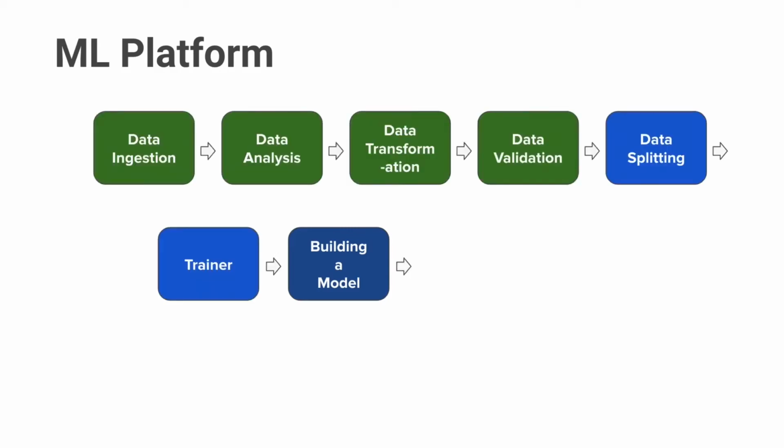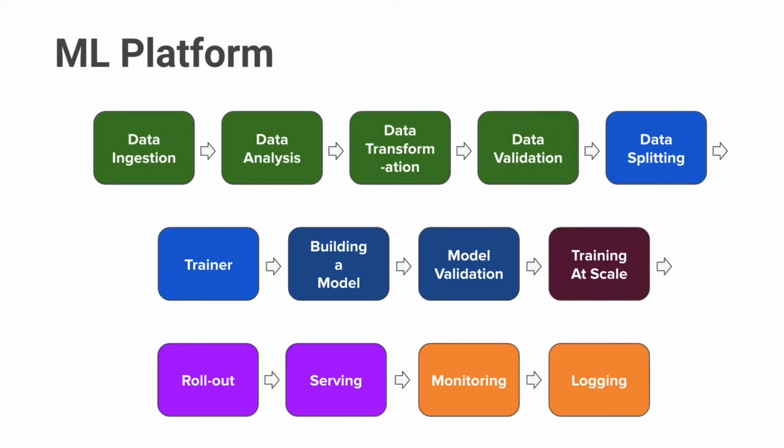You have to figure out how to get your data into your system, from data analysis, data transformation, validation, creating test sets and training sets, and then building a model and experimenting a lot. Then you want to validate your model and figure out whether it actually does what you're looking for. After that, you want to train at scale, roll out the model to production, then build an application around it. Then eventually you want to monitor and have logging as well.